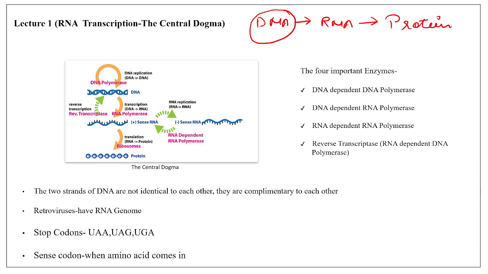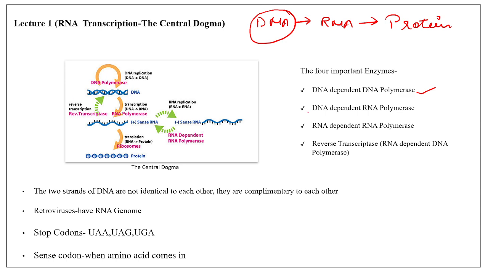That means it is required for the replication process. If this DNA has to replicate itself, it requires DNA dependent DNA polymerase. So this is the first enzyme required for the replication of DNA.